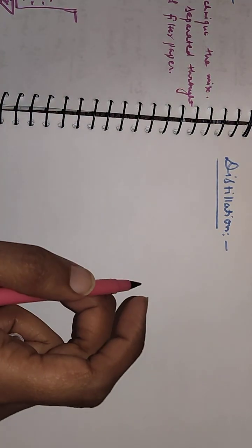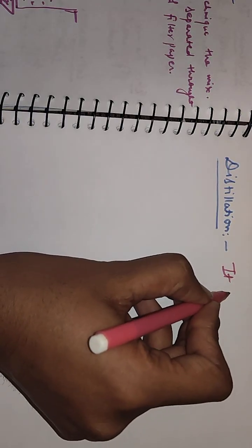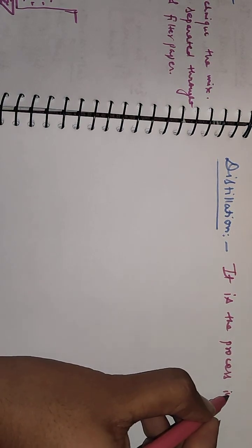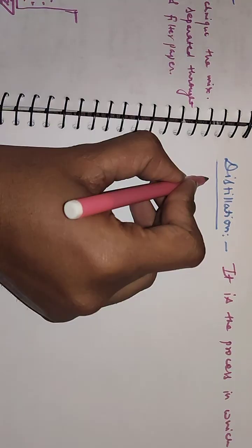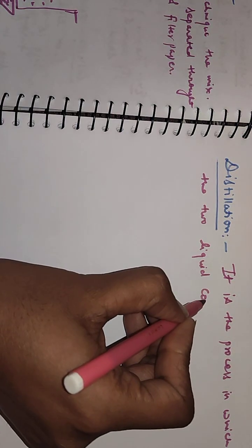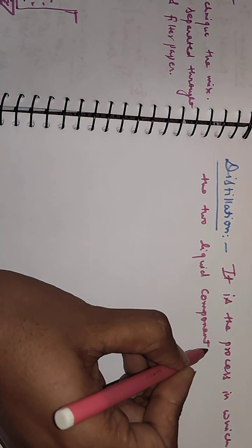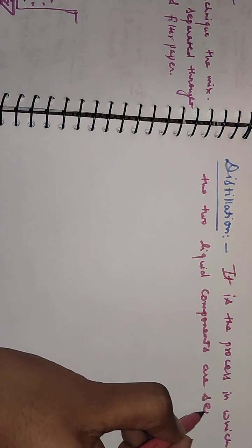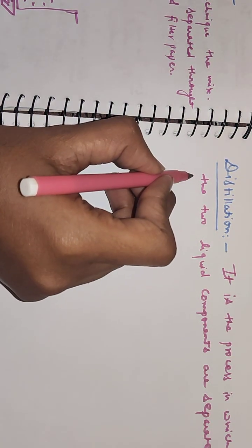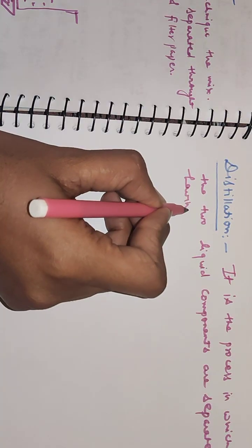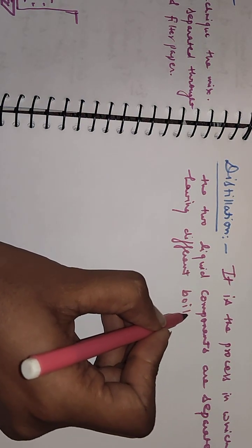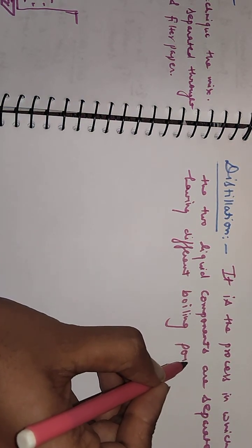What is distillation? It is the process in which two liquid components having different boiling points are separated.